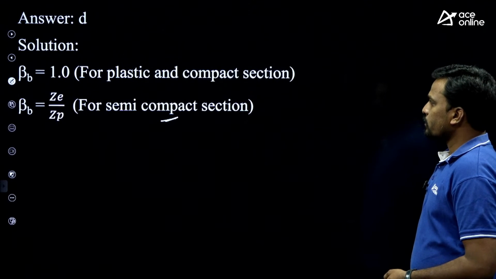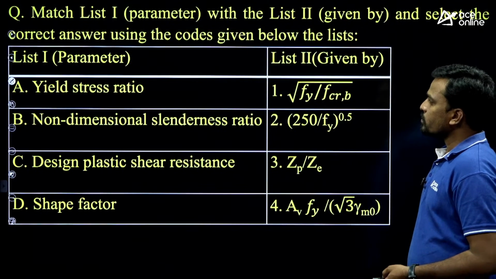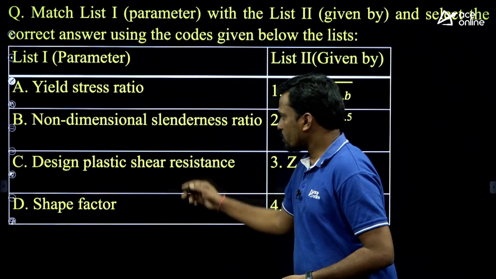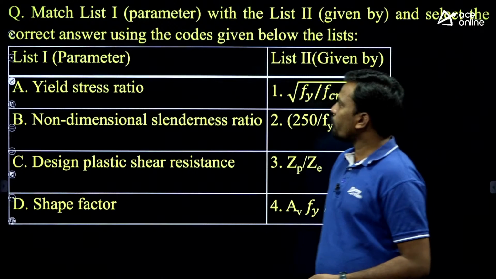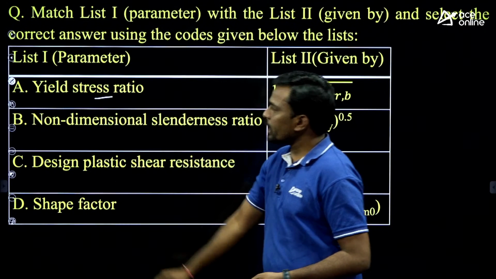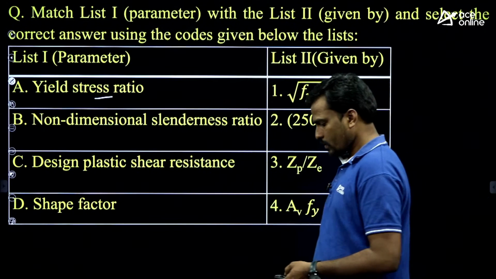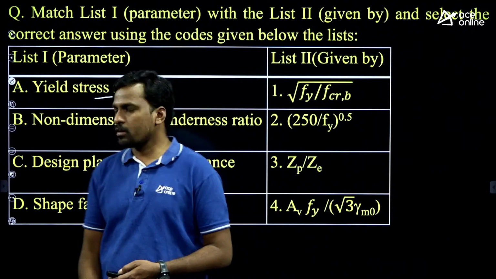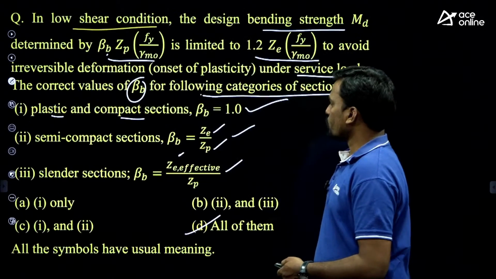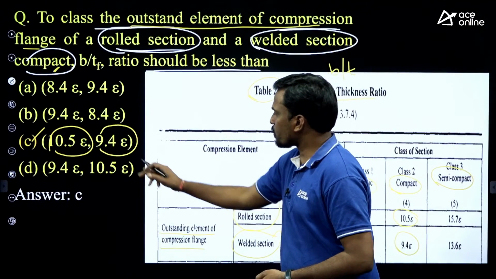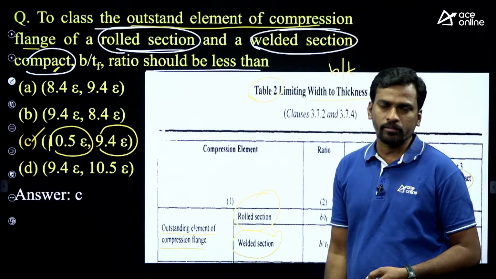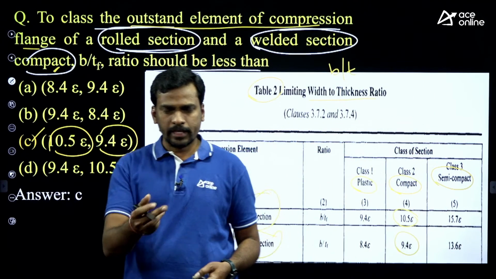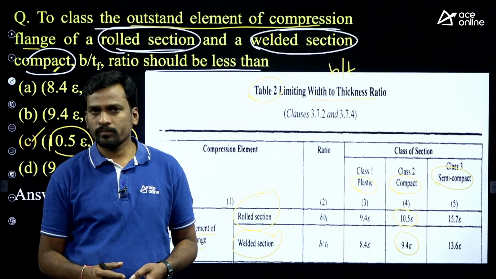Right. Then next, this is again a combination question. First, what is the formula for yield stress ratio? Just now in the beam chapter we had yield stress ratio epsilon. So this epsilon is nothing but the yield stress ratio, right? I gave yield stress ratio in the second chapter, bolted connection, also.